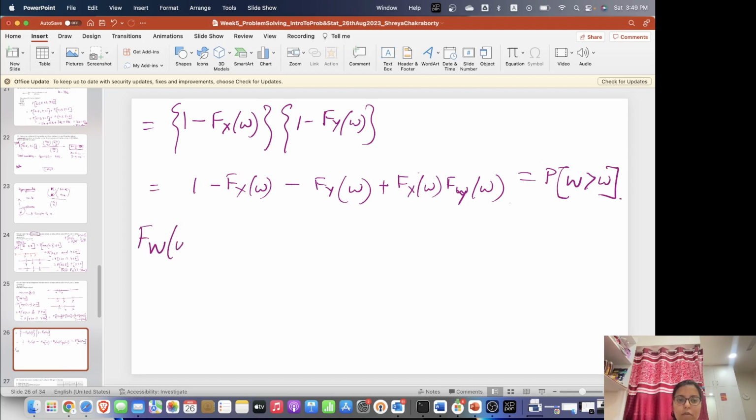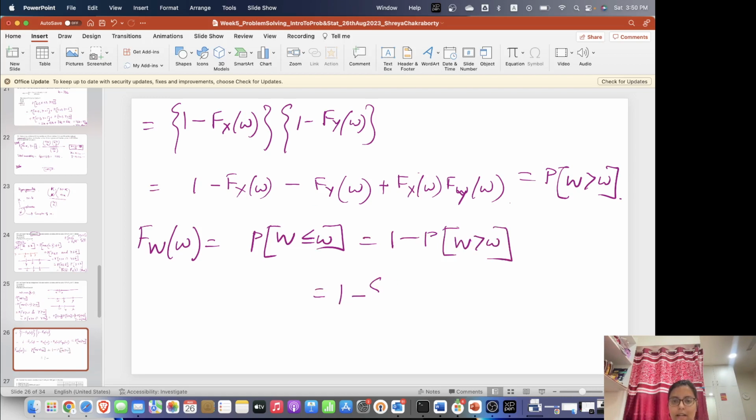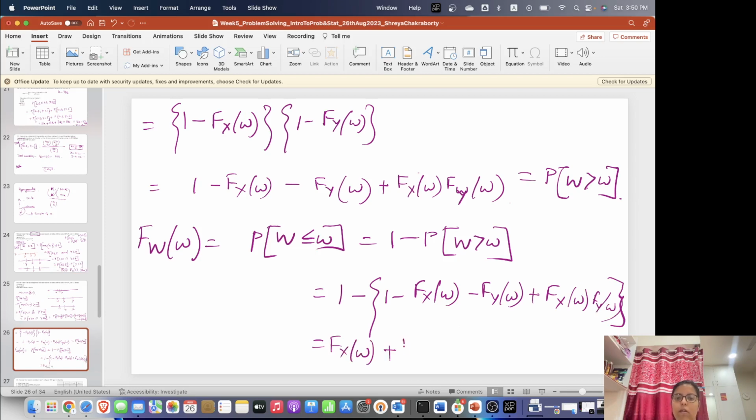Then F_W(w) is the probability that W is less than or equal to w, so this will be 1 minus the probability that W is greater than w. This will be 1 minus (1 − F_X(w) − F_Y(w) + F_X(w)F_Y(w)). So this essentially is F_X(w) + F_Y(w) − F_X(w)F_Y(w).